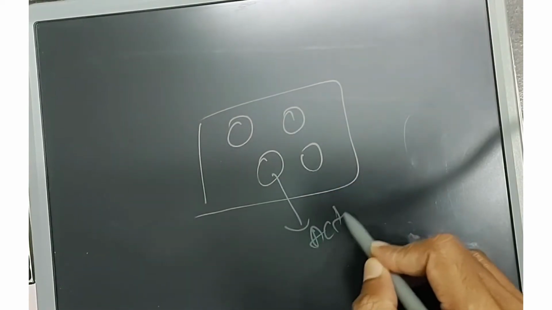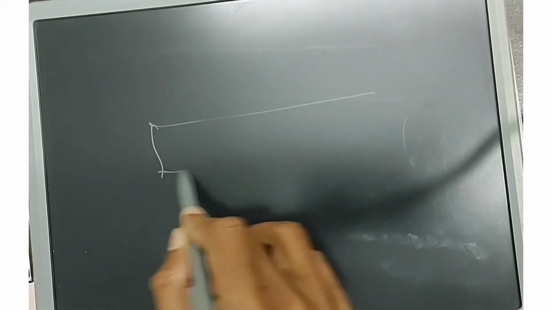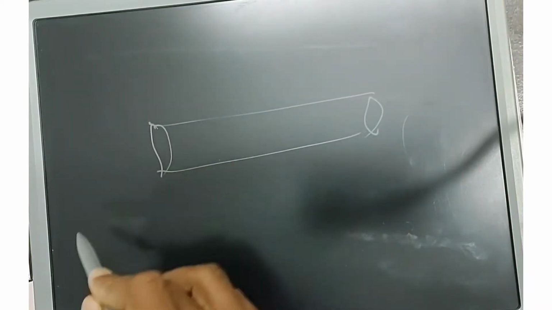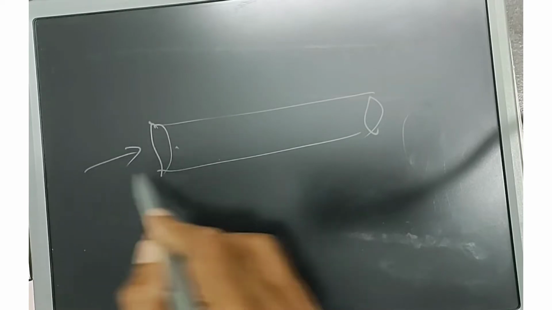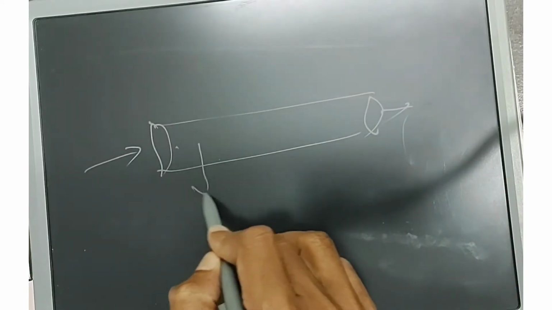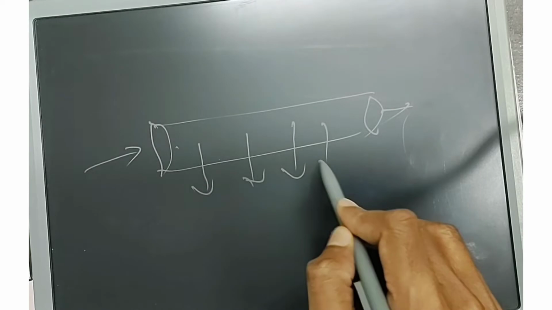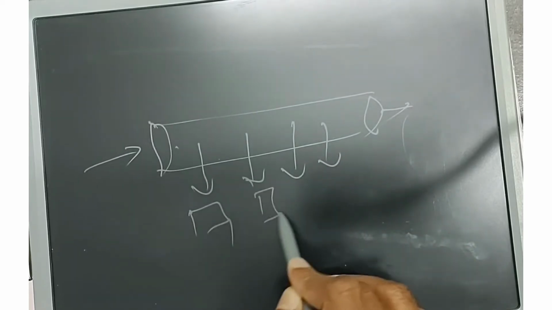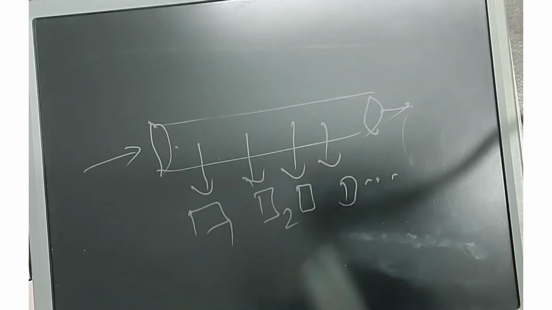Pipeline is like the same as the English meaning. If this is the pipeline, this pipeline will contain different kinds of activities. Activity 1, 2, 3, 4, and so on. Then what is meant by activities?